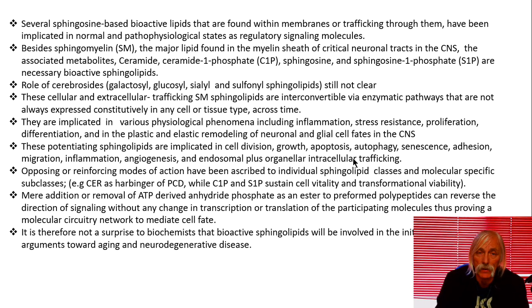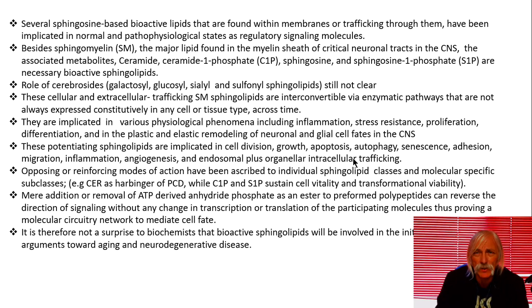Besides sphingomyelin, the major lipid found in the myelin sheath of critical neuronal tracts in the CNS, that's what sphingomyelin is. The associated metabolites of sphingomyelin, ceramide, ceramide 1-phosphate, sphingosine, and sphingosine 1-phosphate, are all necessary bioactive sphingolipids derived from sphingomyelin, which is a specific sphingolipid found in the central nervous system, and other places too, of course.